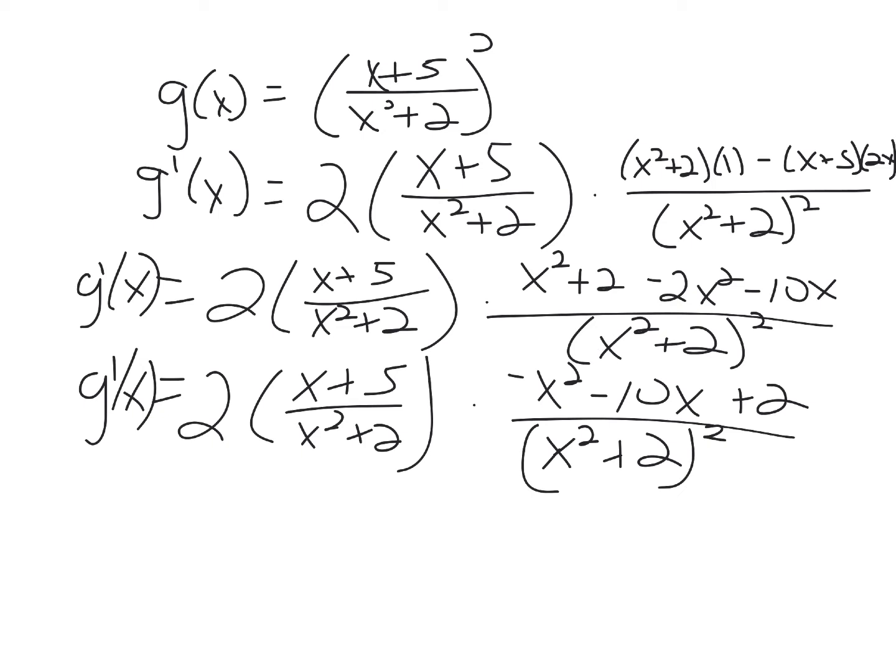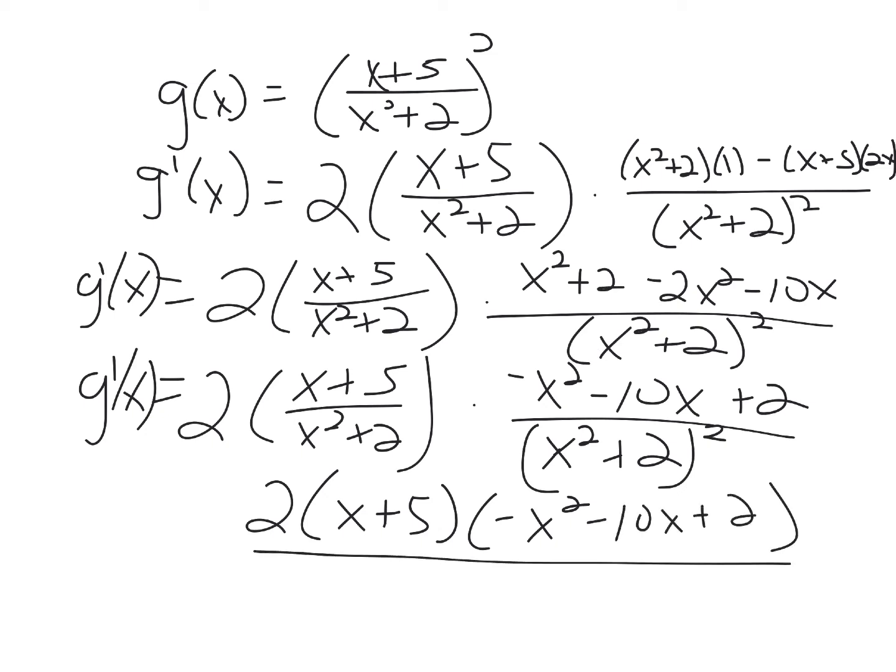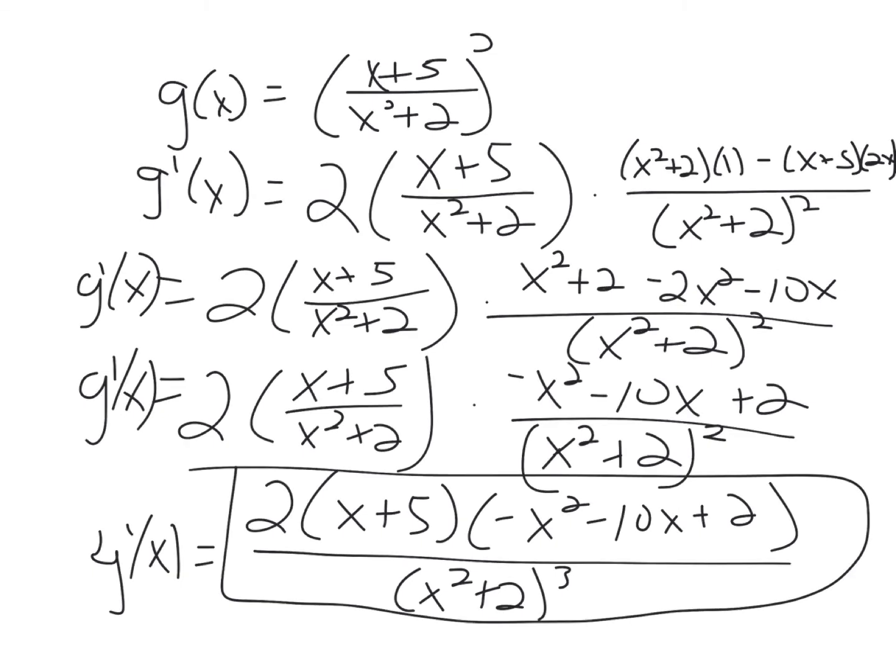Now let's combine it all in one, and we'll get 2 parentheses x plus 5 times negative x squared minus 10x plus 2, and then your denominator, x squared plus 2 to the power 3, because you have another one there you have to include. So this will be an acceptable final answer. Whee!